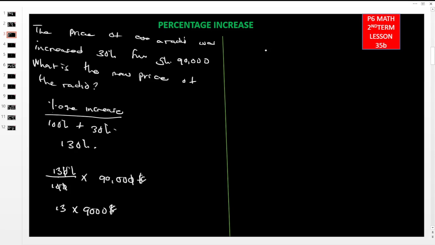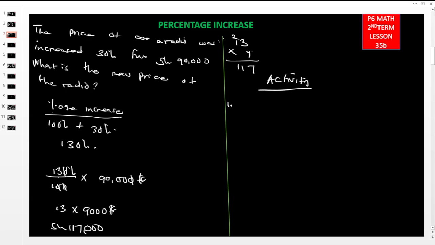So 13 times 9 gives us 117. We add on our 3 zeros, which gives 117,000 shillings.